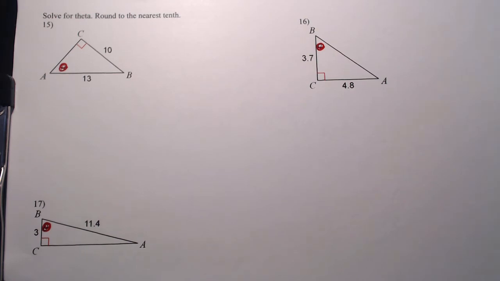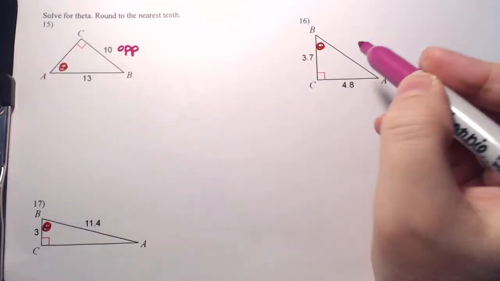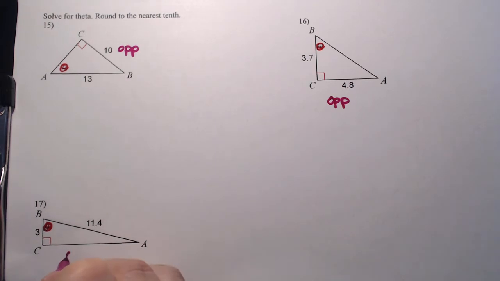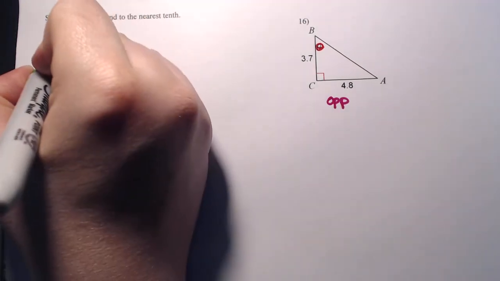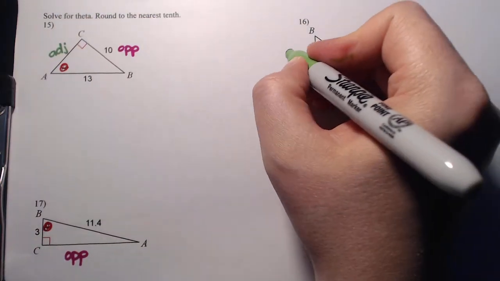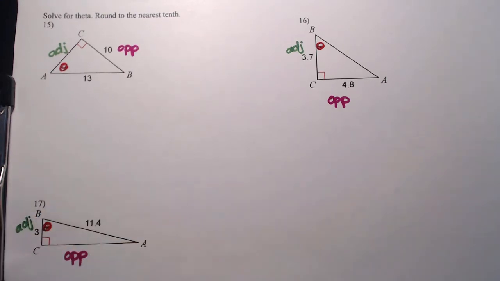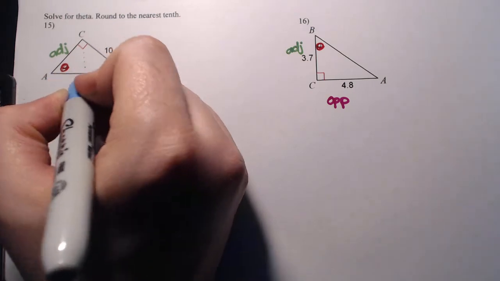So in relation to that angle, this is the opposite side on this triangle. Opposite, opposite. Adjacent, adjacent, and adjacent. And then I have the hypotenuse, which is across from the 90-degree angle.